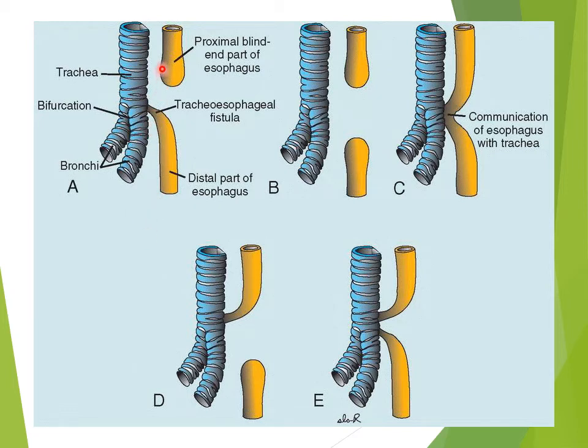Here you can see number one, the more common one, that is A, where the proximal end of the esophagus ends in a blind sac, and the distal end of the esophagus is connected and communicating to the trachea at its bifurcation, where the trachea is dividing into the bronchi. So this is making the tracheoesophageal fistula. In this case again there is a blind-ended proximal portion.